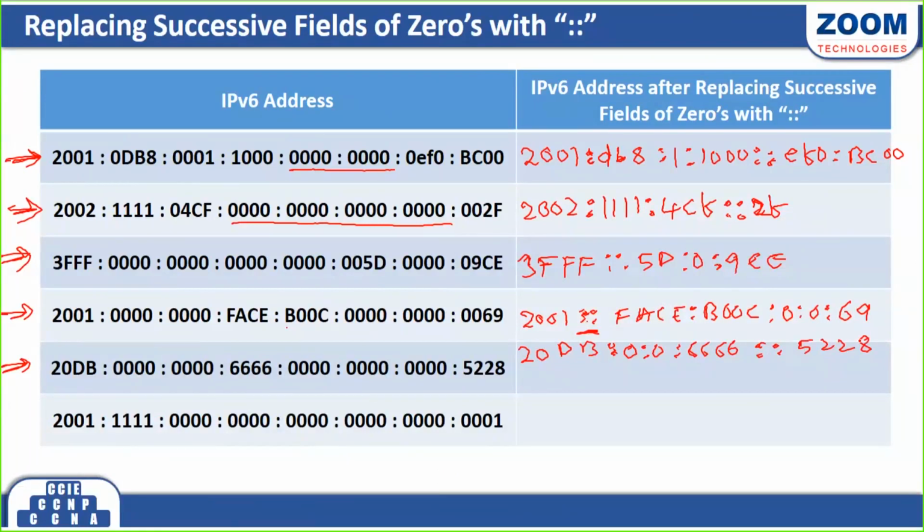Written another way: 20DB, double colon, 6666, colon 0, colon 0, colon 0, colon 5288. Can I write like this? Yes. Which is valid, the first or the second? Both are valid. Even the given example is valid. But instead of replacing two fields, it is better to replace three fields. Correct.